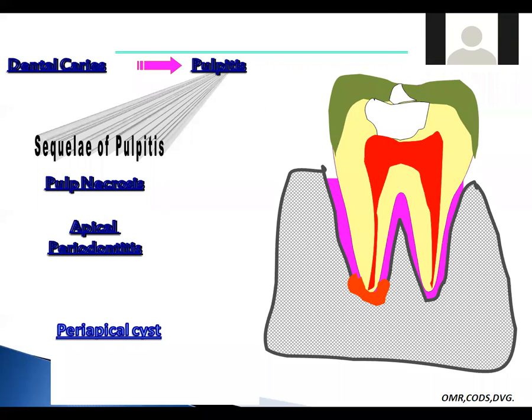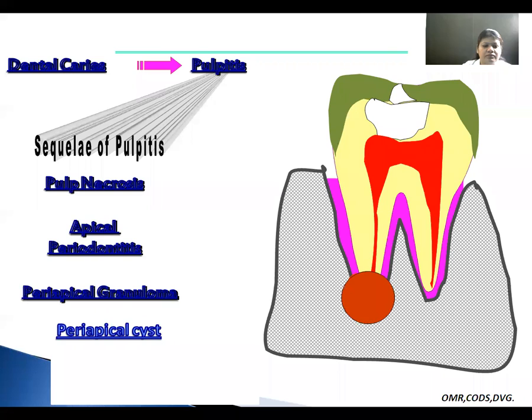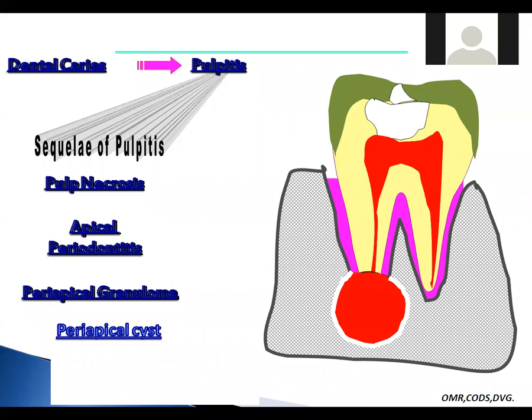The next formation, the periapical granuloma and the cyst. So like this, the cystic lesion. This black one is the lumen, whereas the white is the epithelial lining and the epithelial capsule.